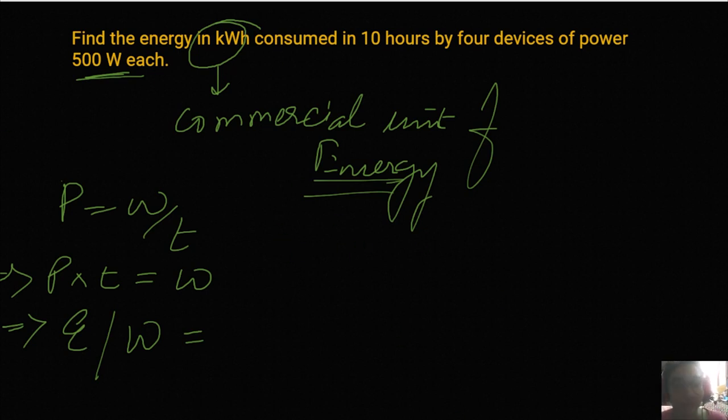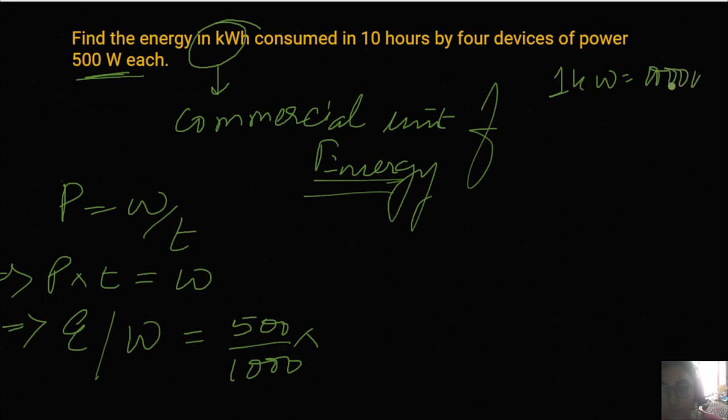We have 500 watt and we have to convert it into kilowatt. So we obviously divide it by 1000, right? Because 1 kilowatt is equal to 1000 watt. And we multiply this by 10 hours, simple.